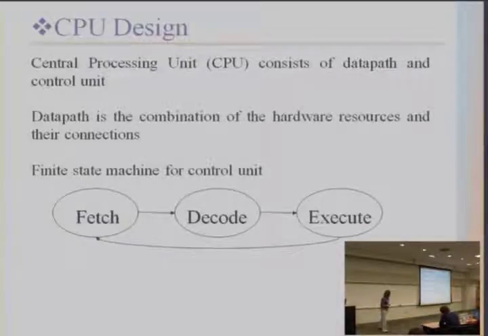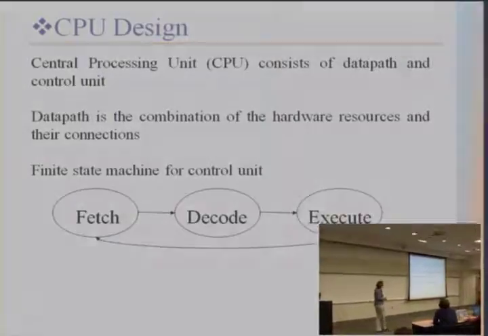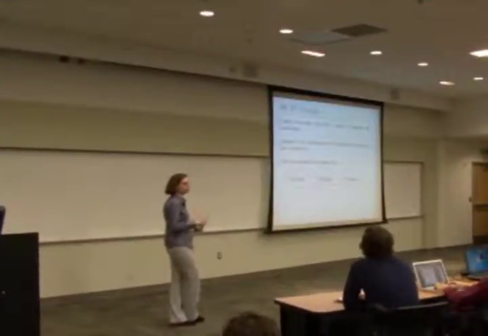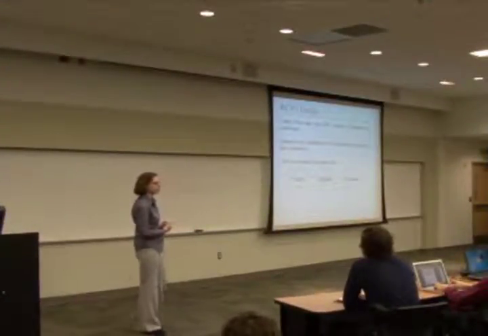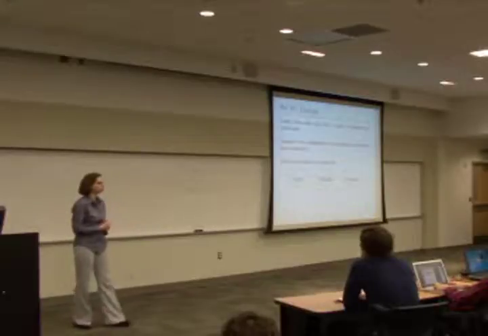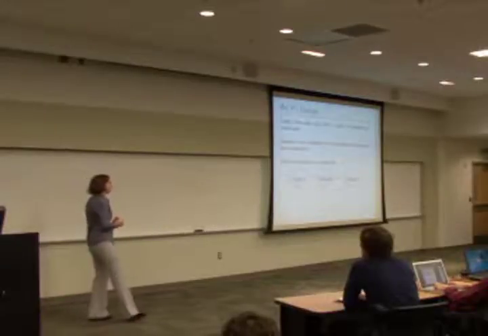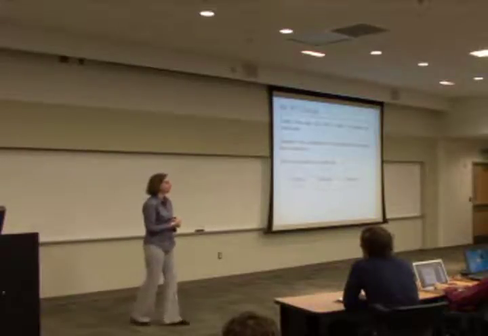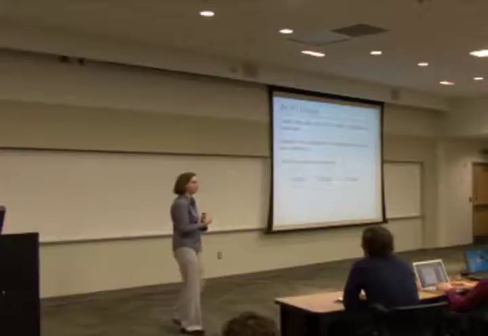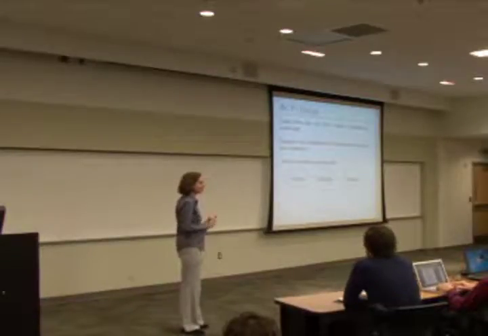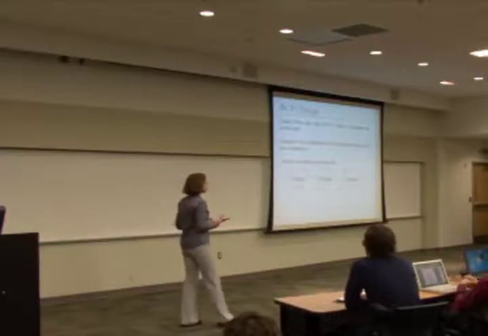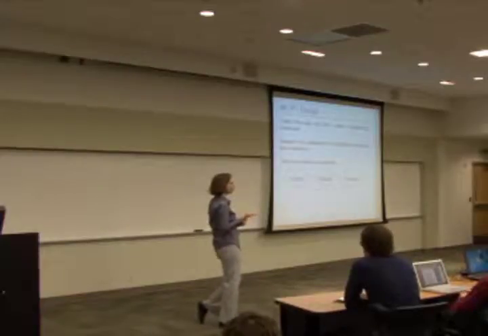So what do you think, how many cycles do we need to do that? Let's say for fetch, how many cycles do we need? What do you mean 0? We need at least one cycle, but I would claim that we need a little bit more than that because we have a single bus.